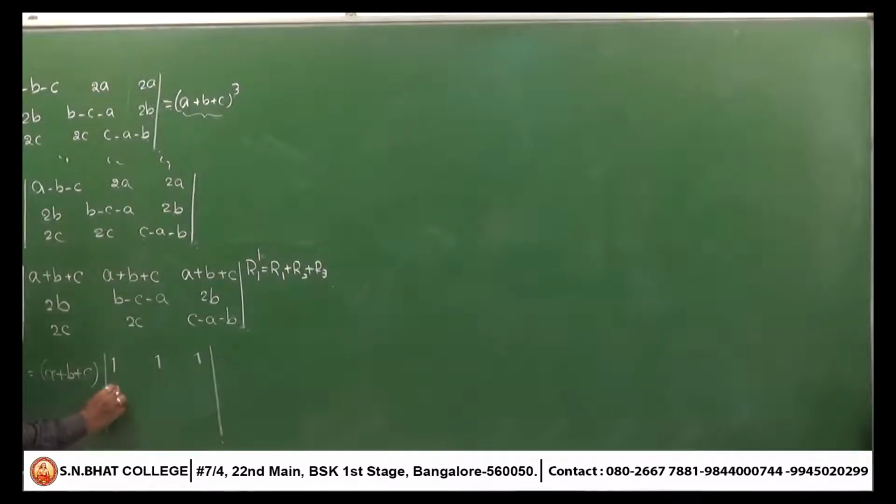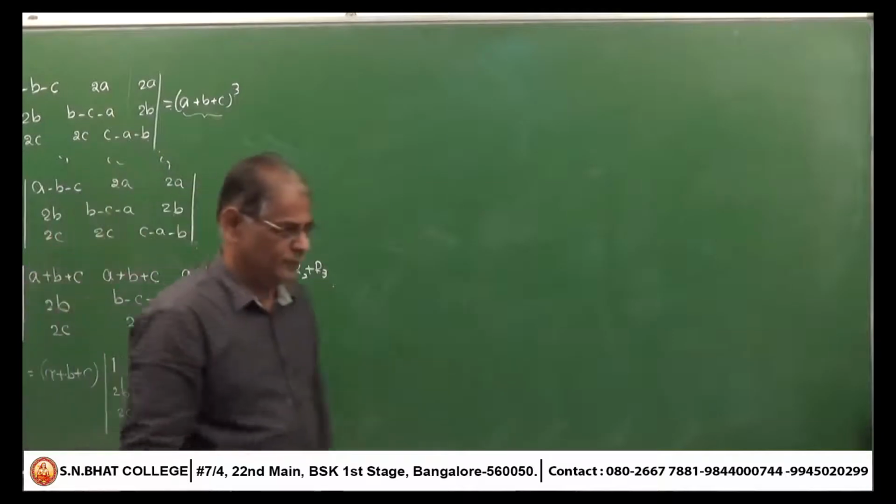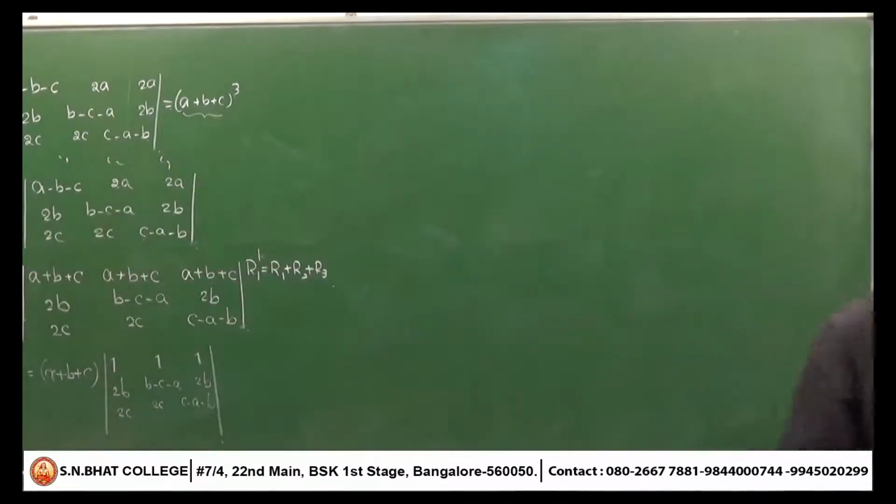First row elements are 1, 1, 1; 2b, b minus c minus a, 2b; 2c, 2c, c minus a minus b.